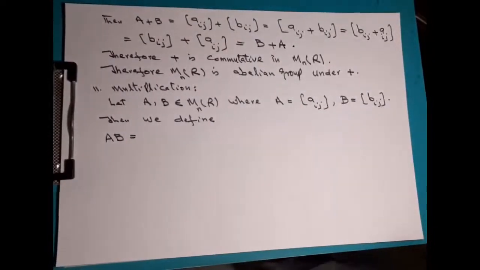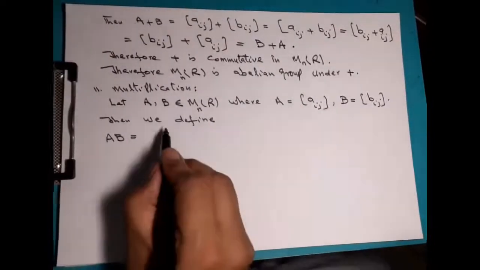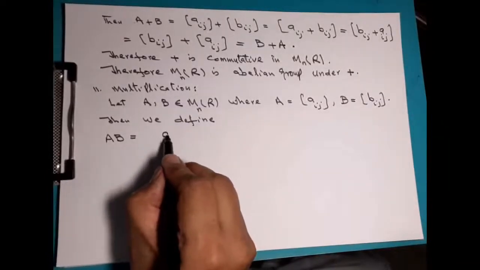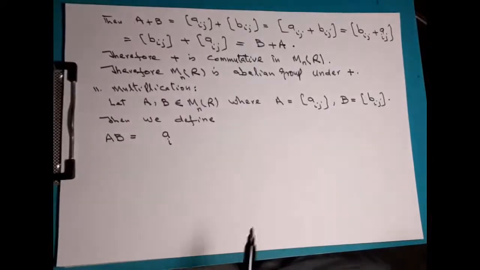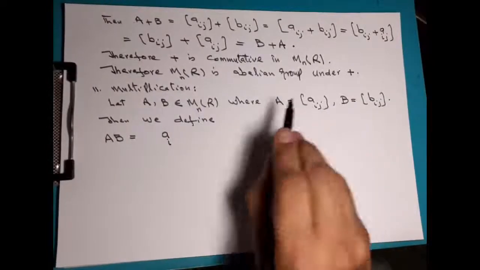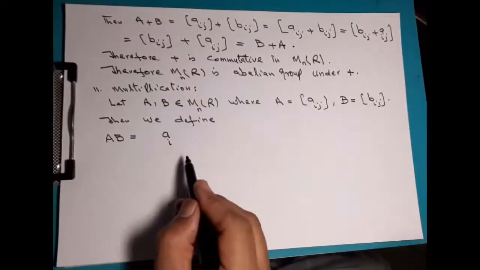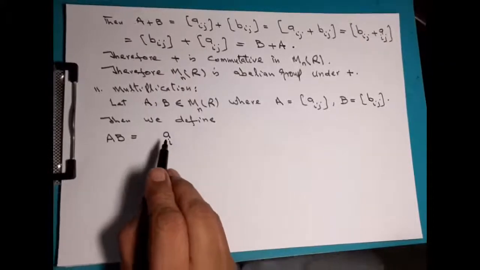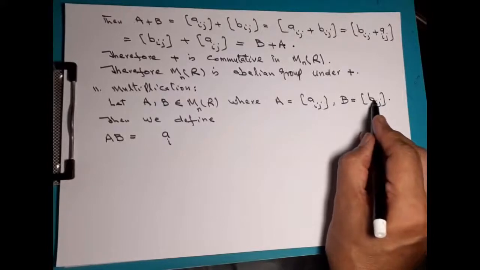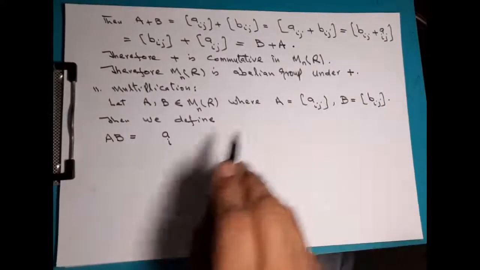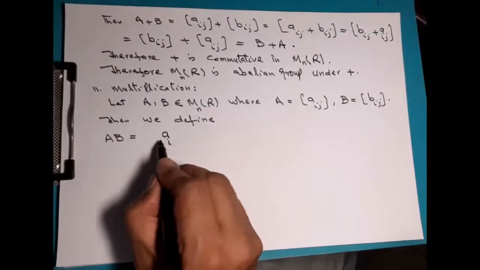Let me write it here. What we do is we take ith row of matrix A and multiply each entry of this ith row with corresponding entry of jth column of matrix B.